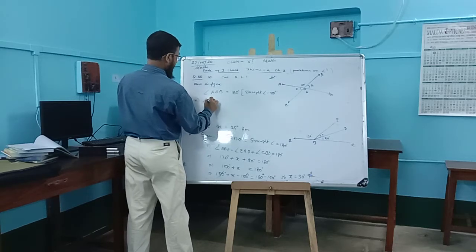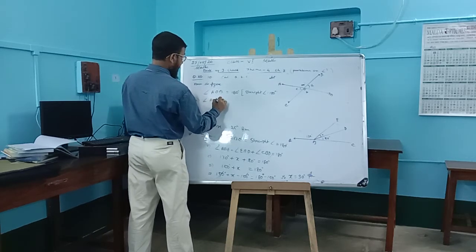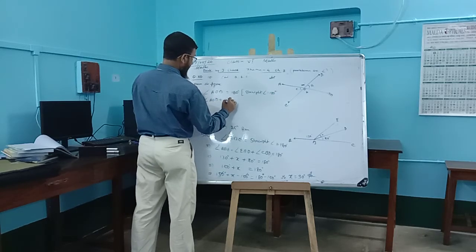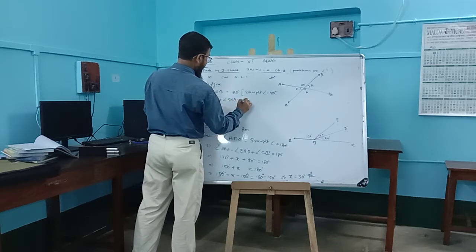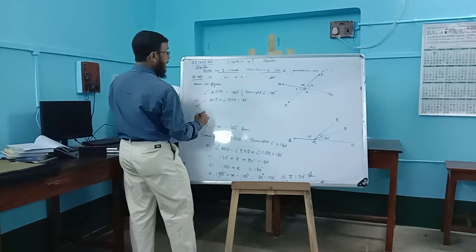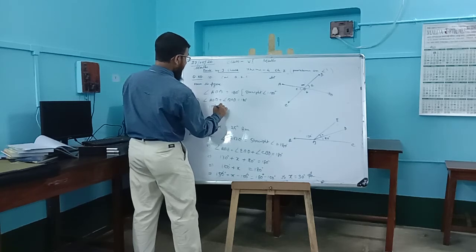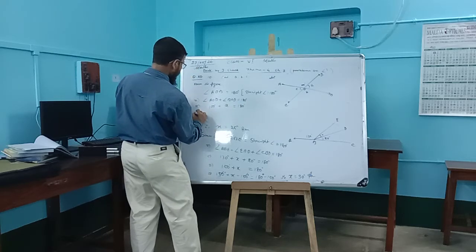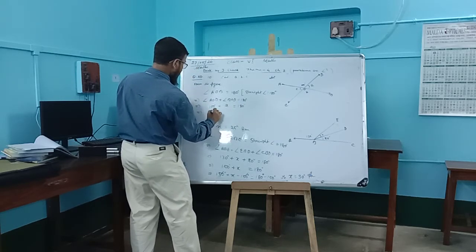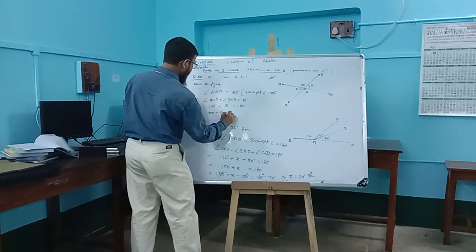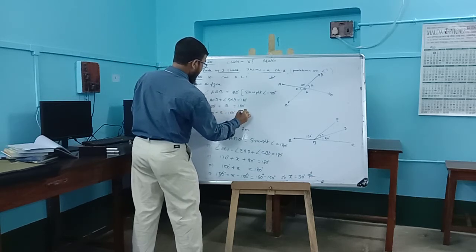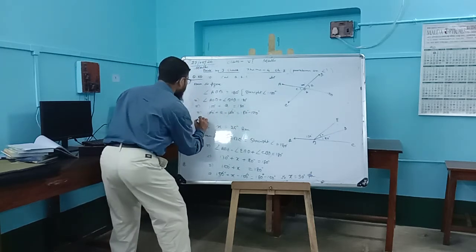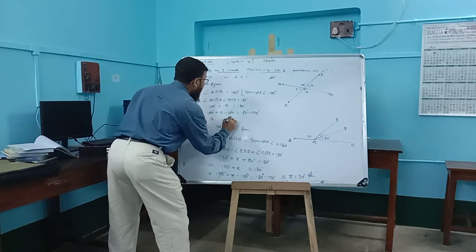This implies angle AOD plus angle BOD equal to 180 degrees. 100 degrees plus A equal to 180 degrees. This implies 100 degrees plus A minus 100 degrees equals 180 degrees minus 100 degrees. Therefore, A equal to 80 degrees.